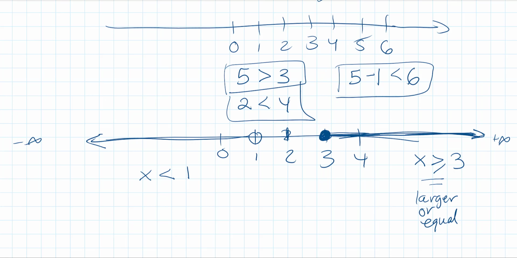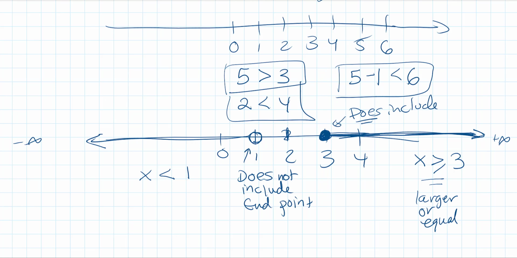And why less than and not less than or equal? Because I left this circle here empty. So when we have an empty circle, we're looking at an inequality that does not include the endpoint or the boundary point, while the full circle does include the endpoint.